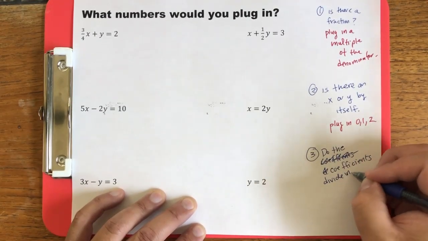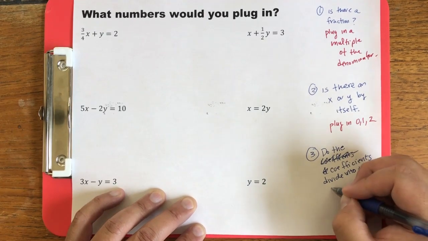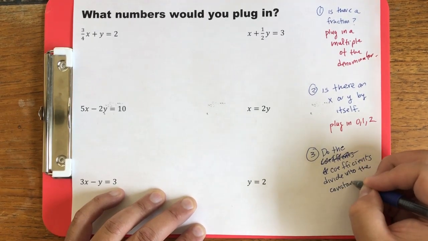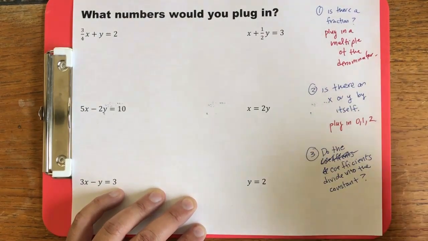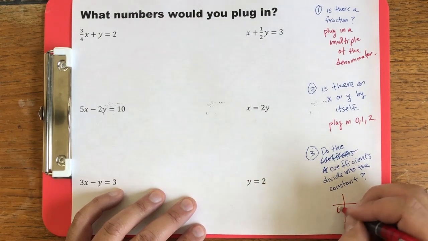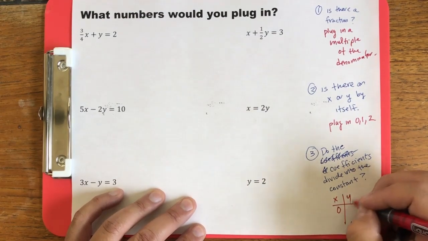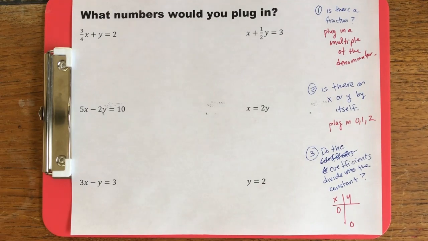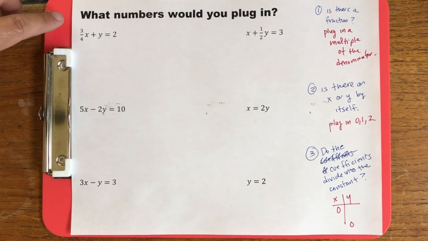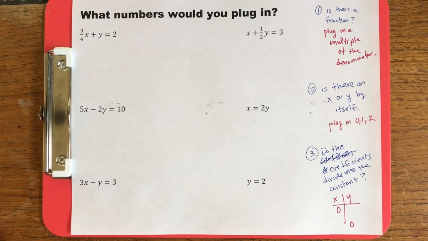Divide into the constant. And if they do, use 0, 0. Okay, so go ahead and pause this video and don't actually graph these. Just work on what numbers you would plug into each one of these linear equations in order to get an answer. So go ahead and stop the video and try it, and I'll give you the answer.